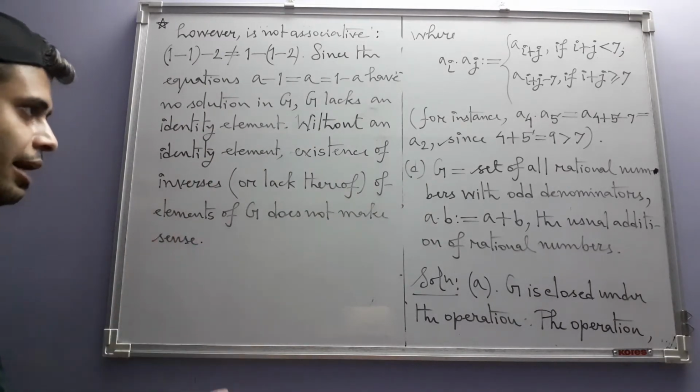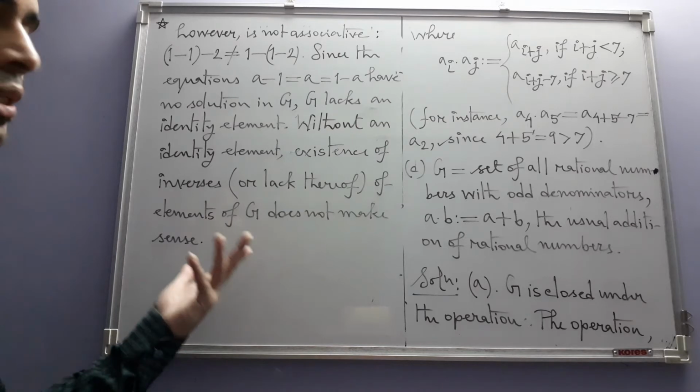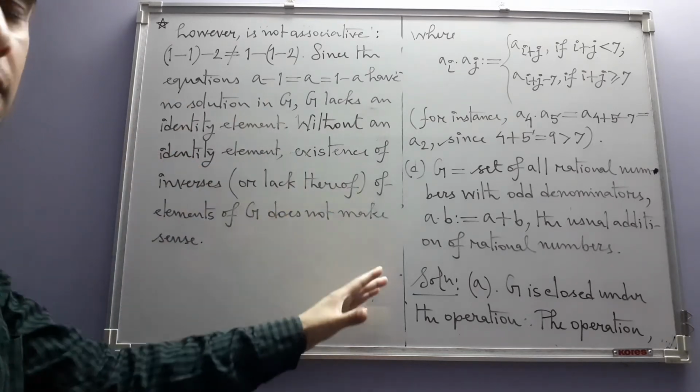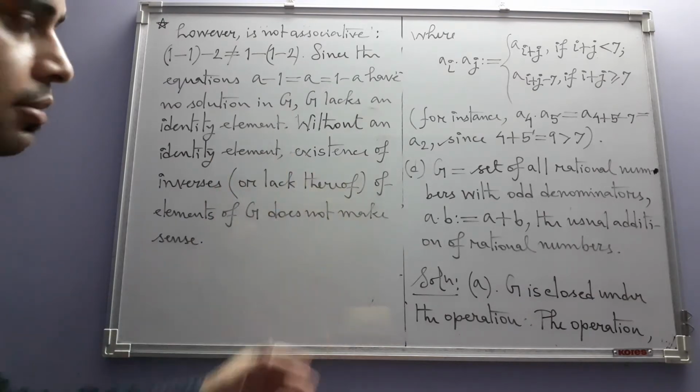If there is no identity, how can you ask whether there is the inverse or not? Because in the definition of an inverse, identity element has to be there.